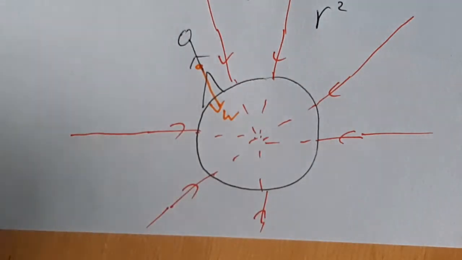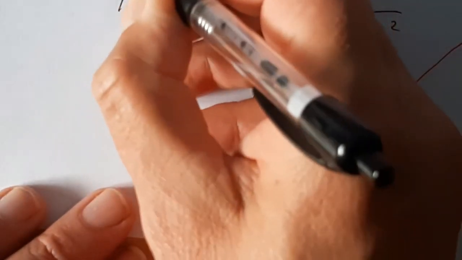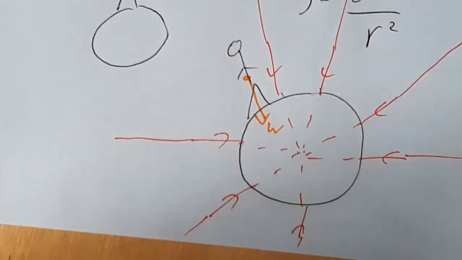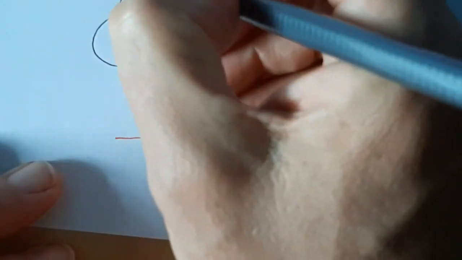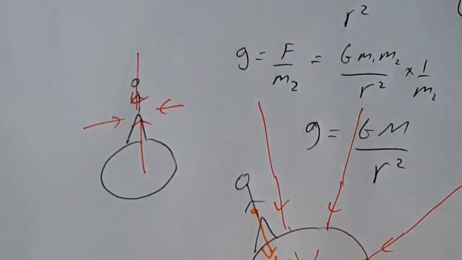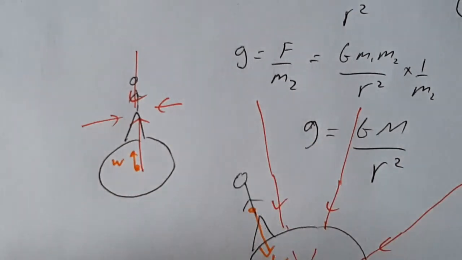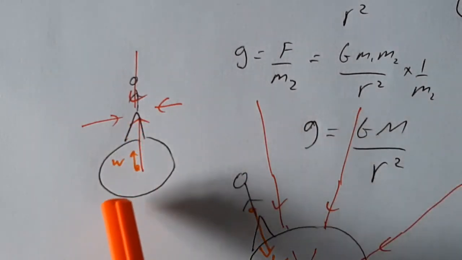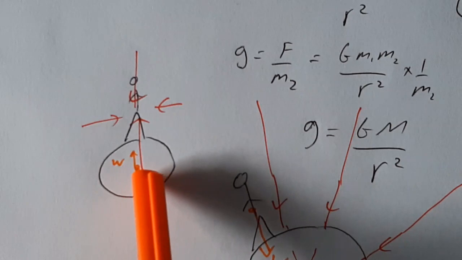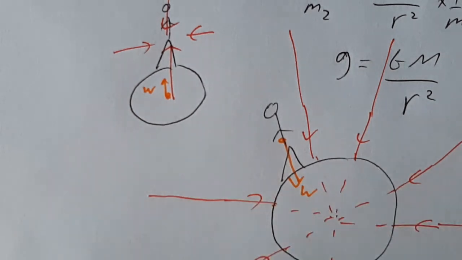But of course, we can make it much more you-centric, and we can say that you create a very weak gravitational field, and it is the Earth that is caught in your gravitational field, and you're pulling on the Earth. But because your field is very weak, not many newtons per kilogram, but there are a lot of kilograms in the Earth, in both situations we get the force of gravity on you as being exactly the same.